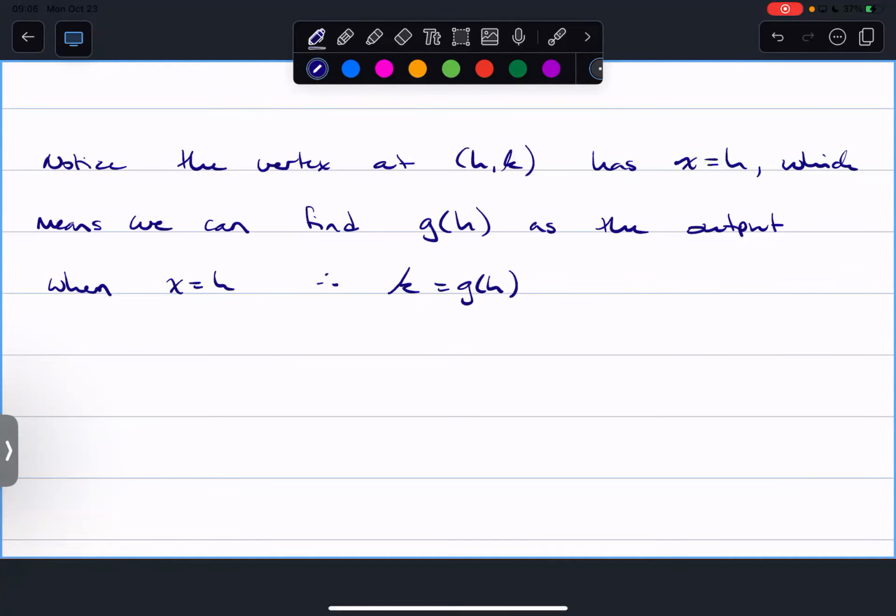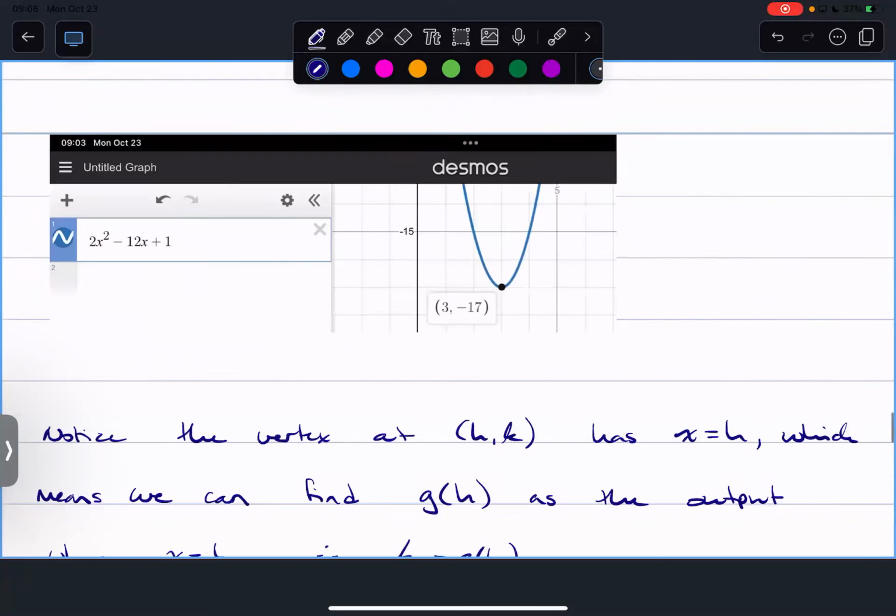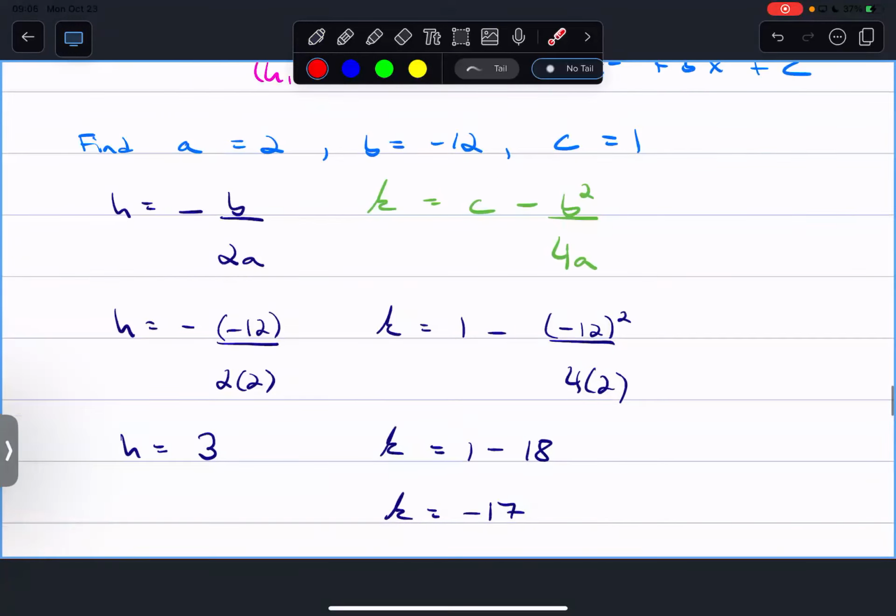So if we're able to find h, which we did, pretend that we didn't do this part. This was from our derivations. We found this formula for k and it works, right? But what if we only had h is equal to 3?